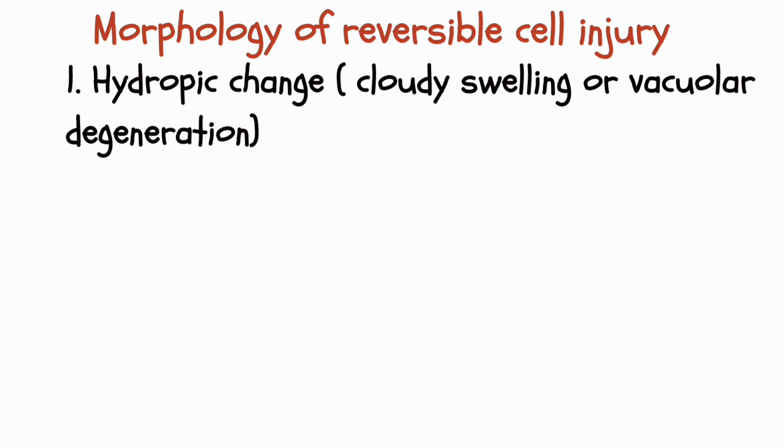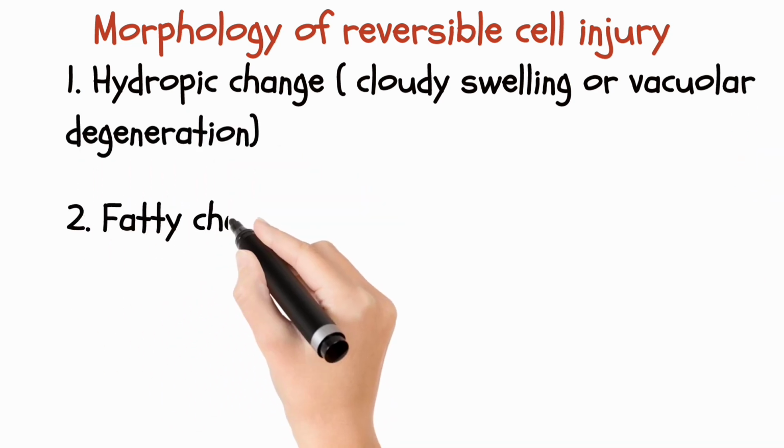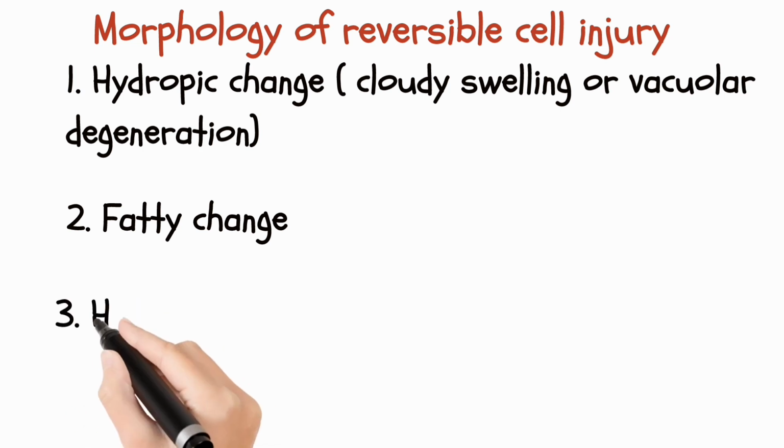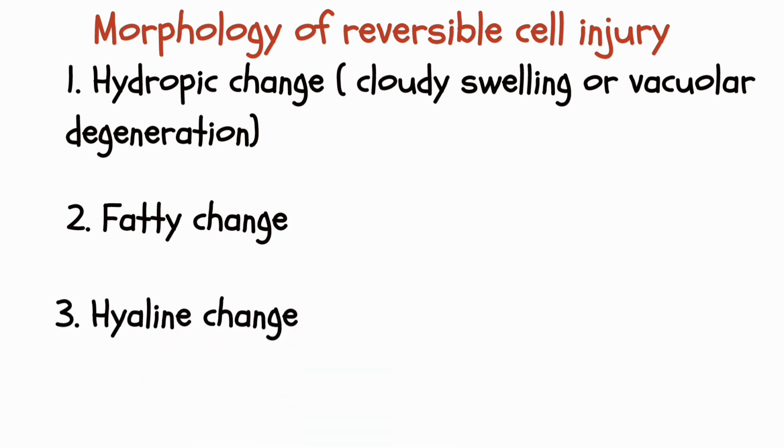The second one, fatty change. Number three, hyaline change. And number four, mucoid change. These morphological changes were previously known as degenerations, but currently the term retrogressive changes or simply reversible cell injury is applied to the non-lethal cell injury.